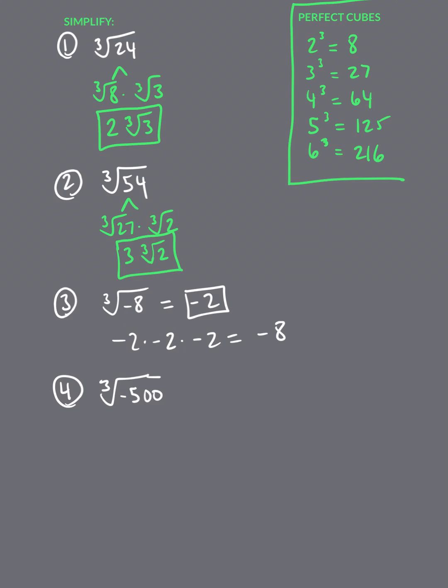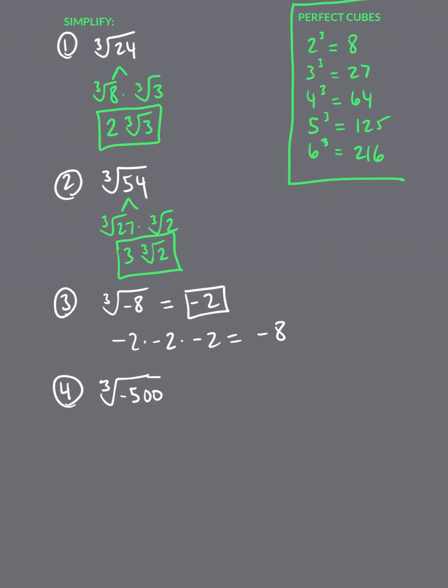So 500 is not a perfect cube. So which one of these perfect cubes is 500 divisible by? You may need a calculator, but 125 would be a really good guess since it ends in a 5 and this number ends in a 0, so 500 would be divisible by 125.